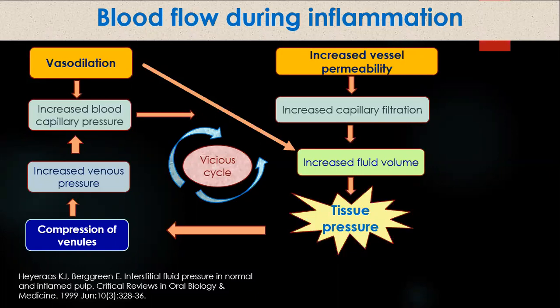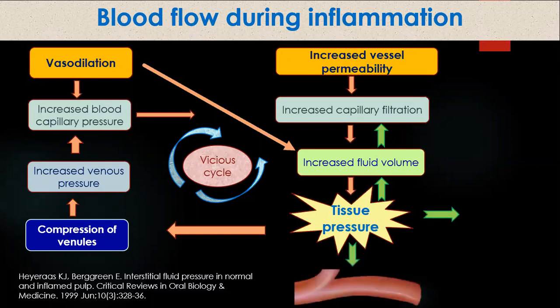How can we stop that? There are two ways to it. The increased tissue pressure will increase the fluid volume, the increased fluid volume will increase the capillary filtration, and this cycle goes on. The other way is that, due to this increased tissue pressure, there would be absorption of the excess amount of fluid into the non-inflamed area.